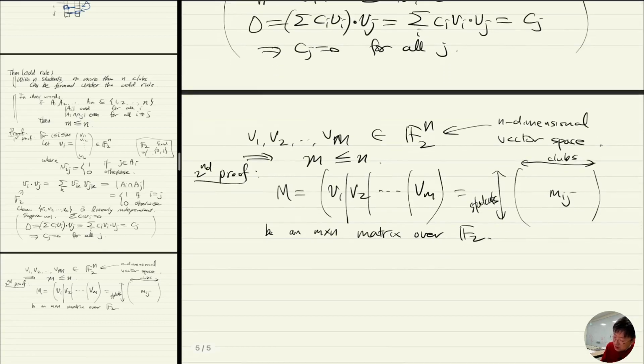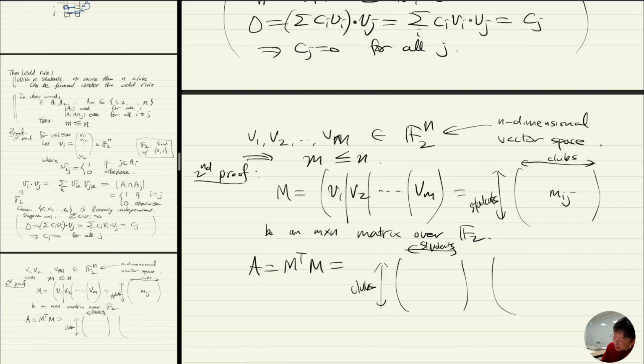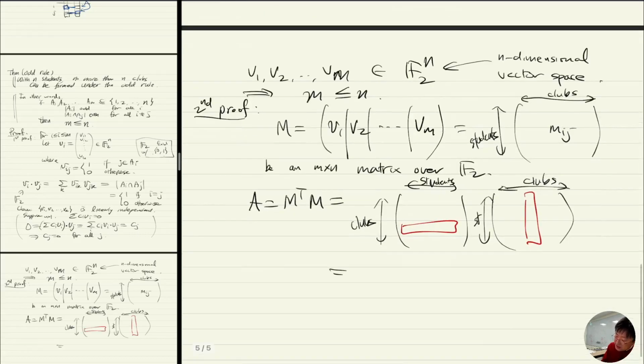now I'm going to consider this matrix A, which is M transpose times M. So the rows become clubs, and the columns are clubs. So what is this matrix? Well, I take this column and multiply with that. That's going to be the entry, right?